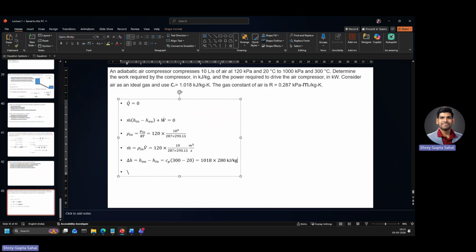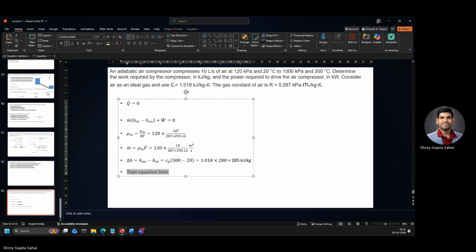Actually, this will be joules per kg, by the way. So if I have to calculate in kilojoules terms, then this will be kilojoules per kg. Then this is 280, so roughly 280 only, right? But let me calculate it for you. 1018 into 280 is 285. This comes out to be 285.